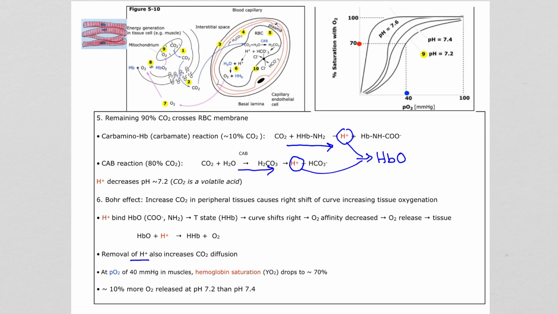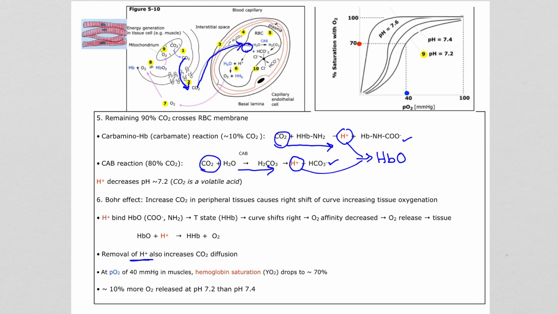Basically, more carbon dioxide in the red blood cell will be converted into the products, which will decrease the concentration of carbon dioxide in the red blood cell, and that will enhance the diffusion of carbon dioxide from the muscle into the red blood cell.